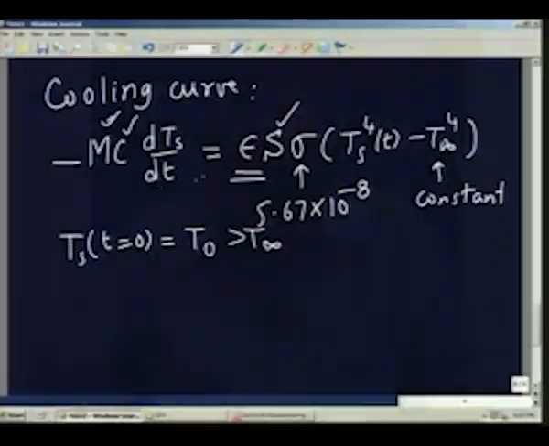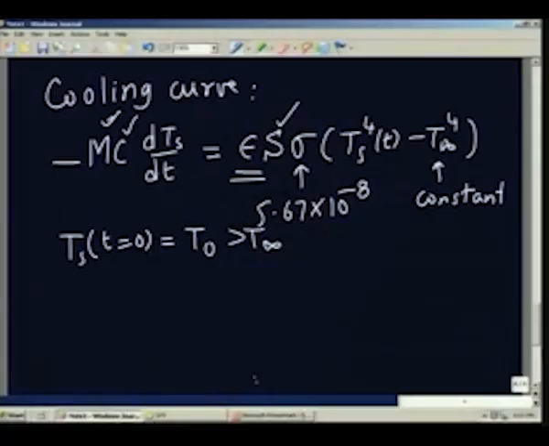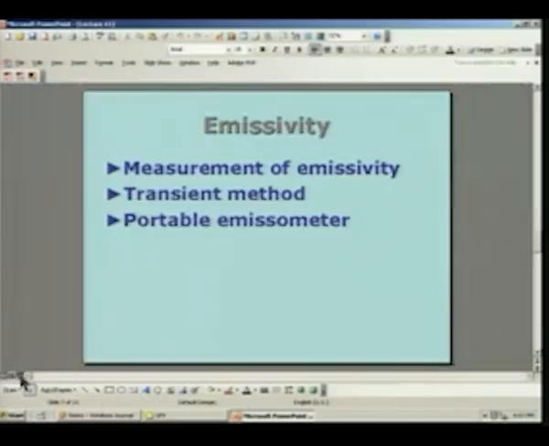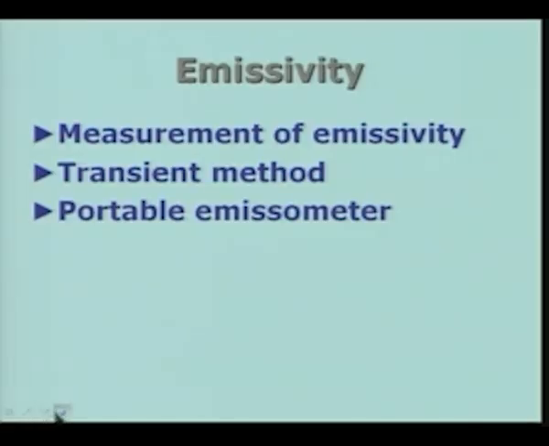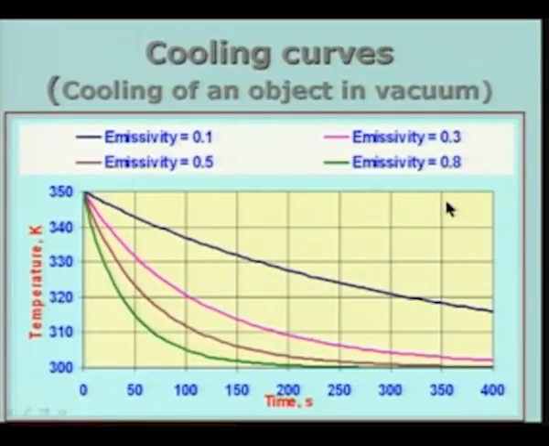So, let us look at a typical cooling curve. I have just solved that equation for a typical system with a small mass and specific heat and so on. I am not giving all the information here, I am just showing you what is going to happen. I plot the cooling curves for different values of emissivity: 0.1, 0.3, 0.5 and 0.8.